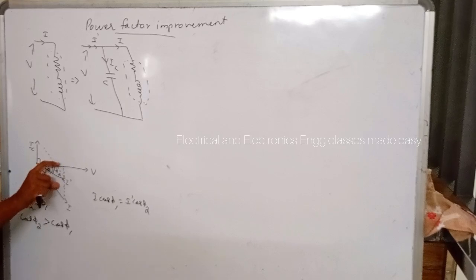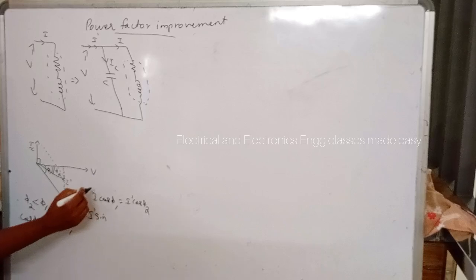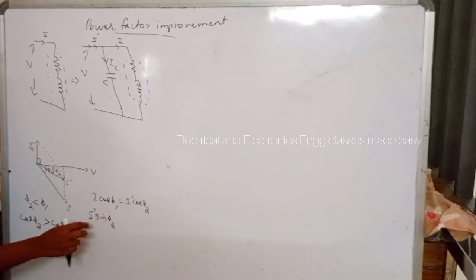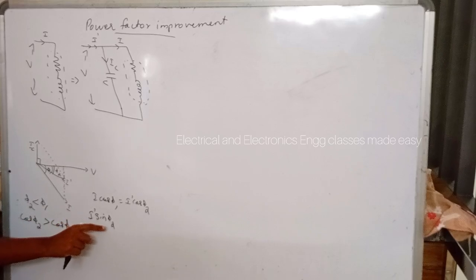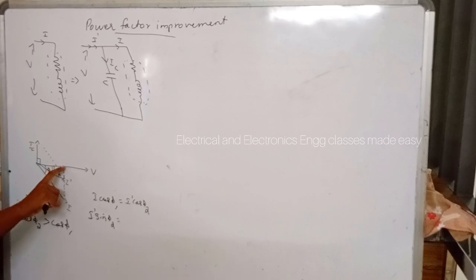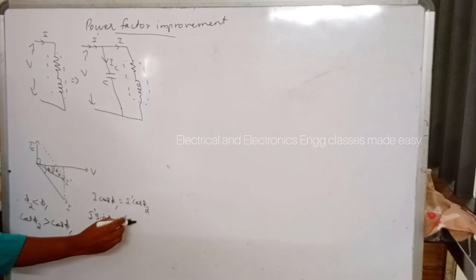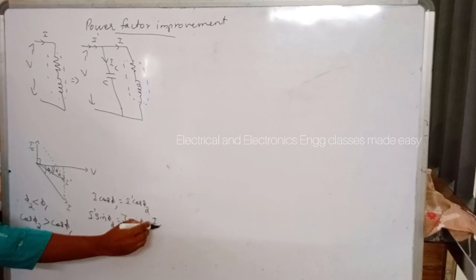So the lagging reactive component is reduced after power factor improvement, and we can write it as I dash sine phi 2. After power factor correction the reactive component is I dash sine phi 2, which is equal to the total reactive component I sine phi 1 minus IC.